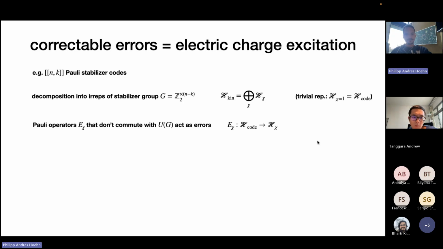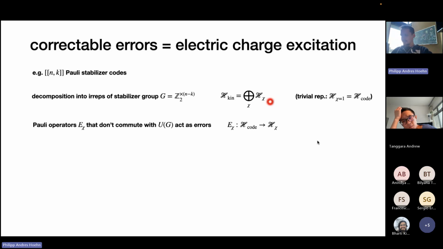So N physical qubits, K logical qubits. And so the stabilizer group is always a product of factors of Z2. So when it's an [N,K] stabilizer code, then it's N minus K copies of it. So that's clearly a finite abelian group. And we can take the total space as the kinematical space or the physical space.